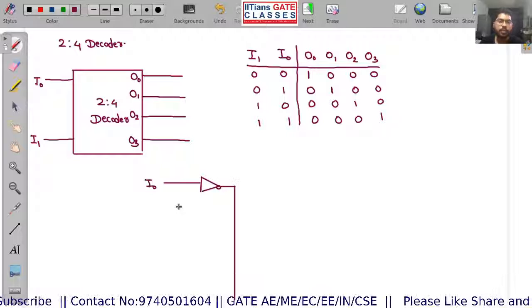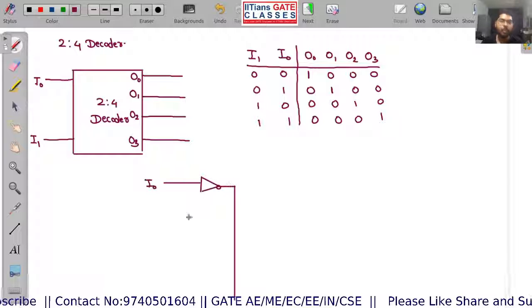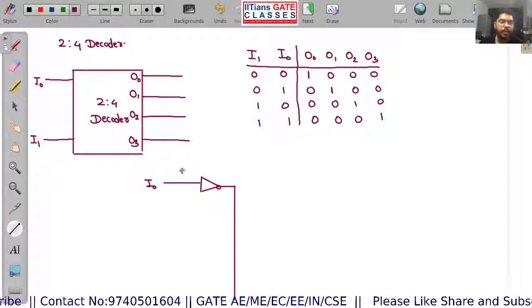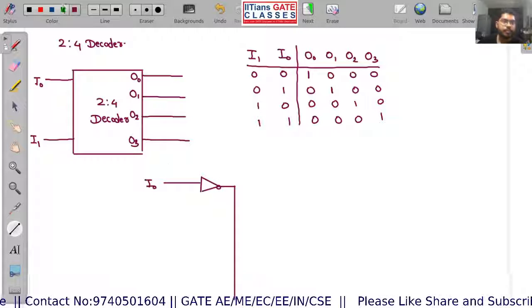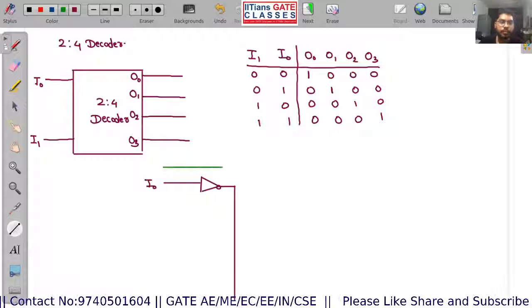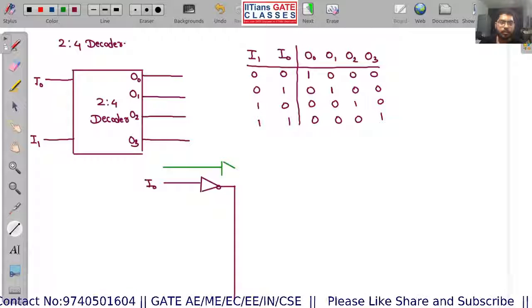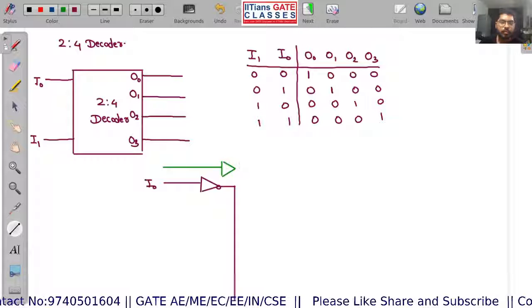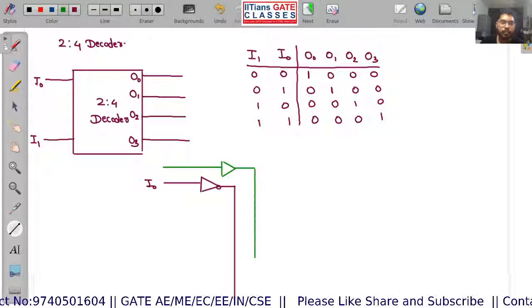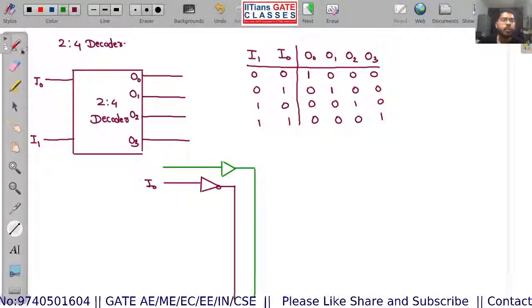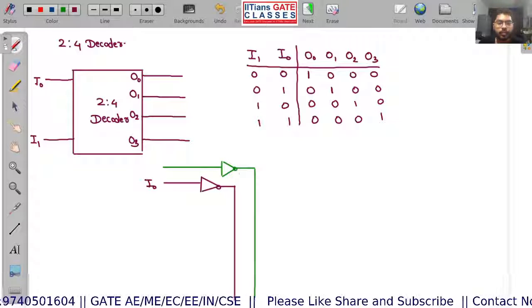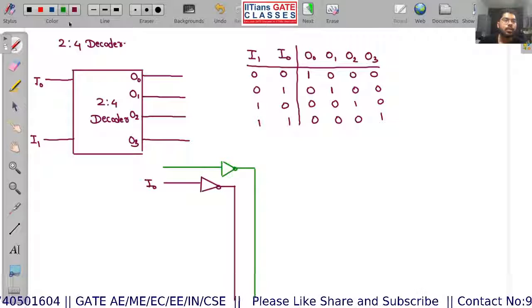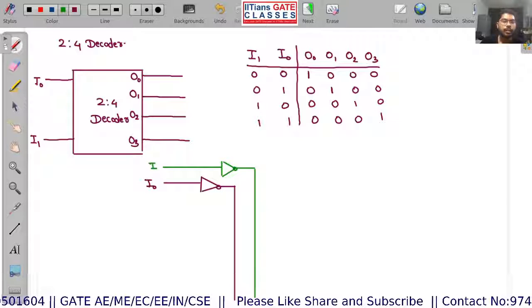So here we have I0 and I0 complement, and I need one more. This is I1.